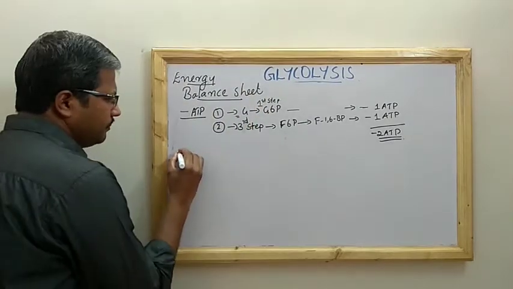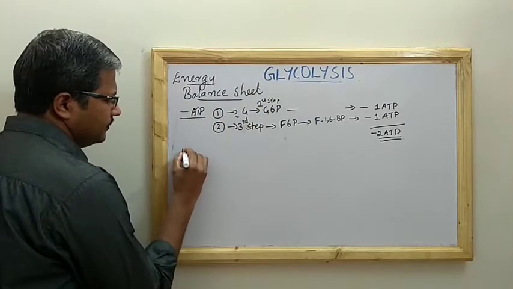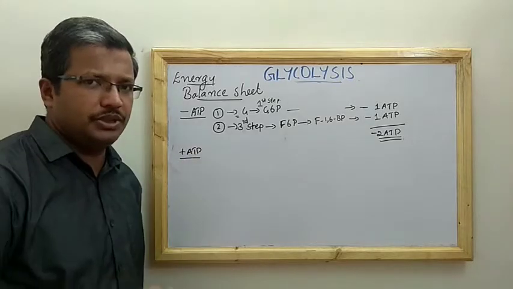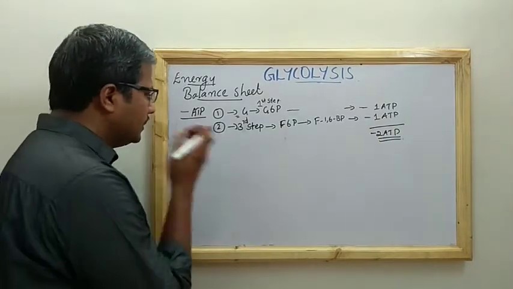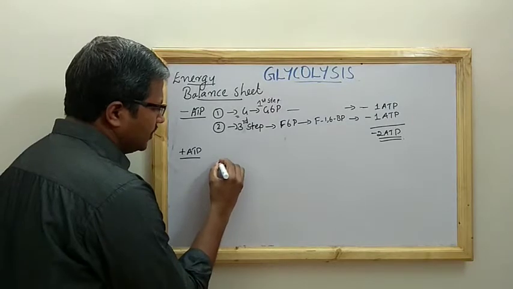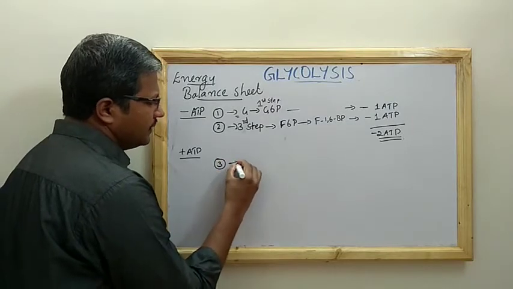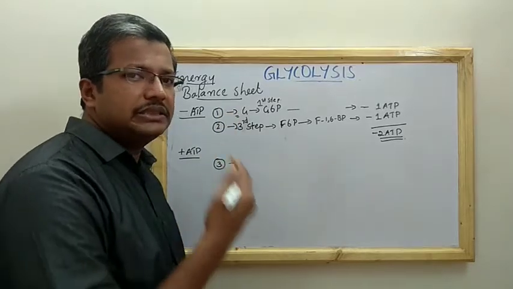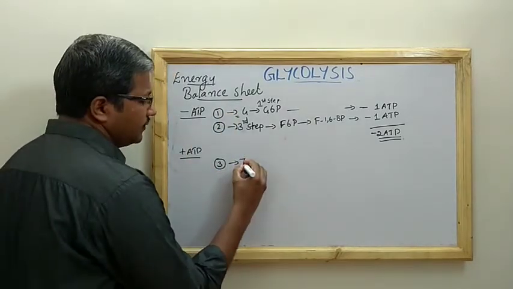Now let us see the plus ATP. How many ATP are produced? Okay, so let us see. In which reaction? 4, 5, 6, 7th reaction. So 7th step.